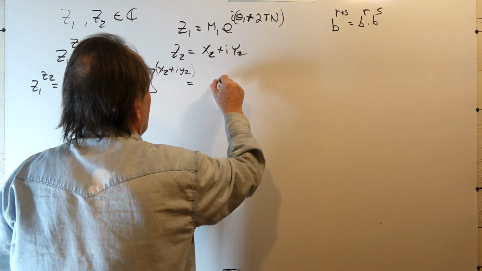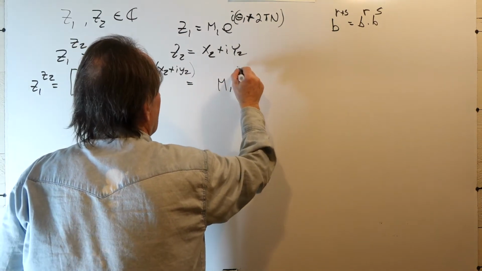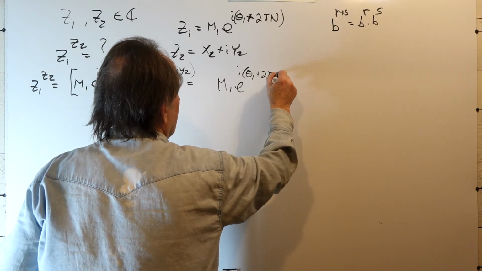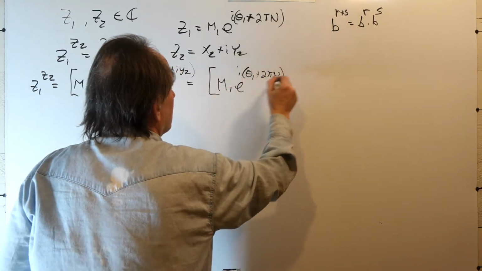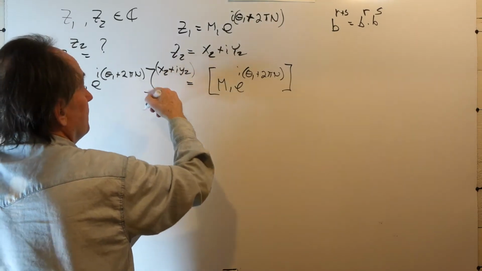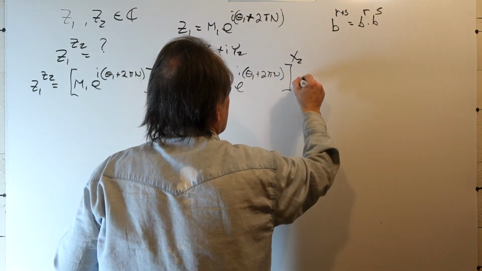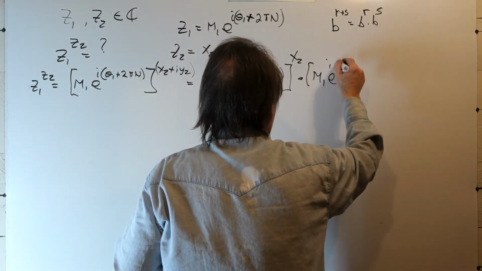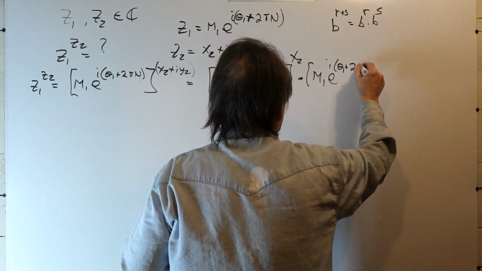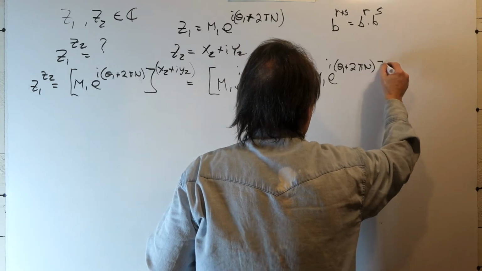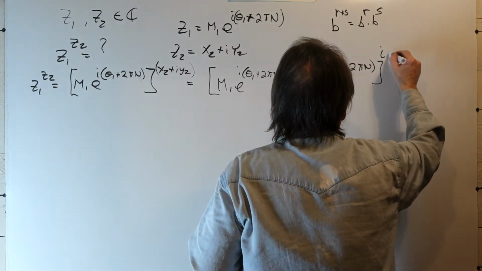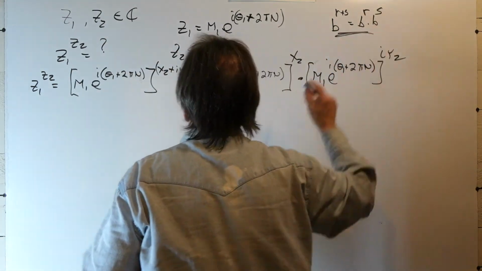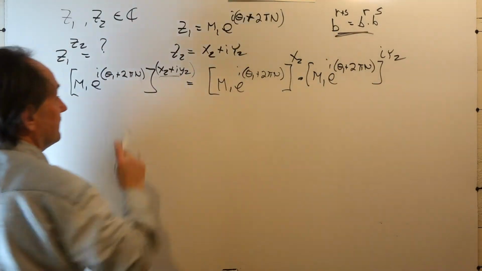So we have m1 e to the i theta 1 plus 2 pi n to the x2 power times our base again, e to the i theta 1 plus 2 pi n raised to the i y2 power, just using this property here on the exponent.